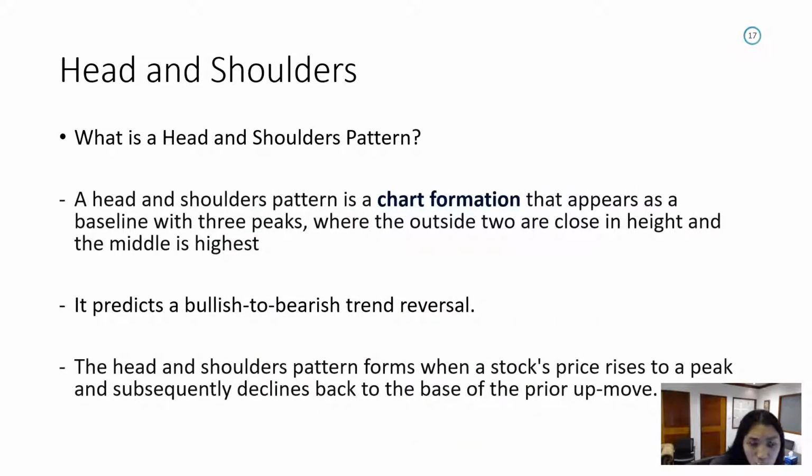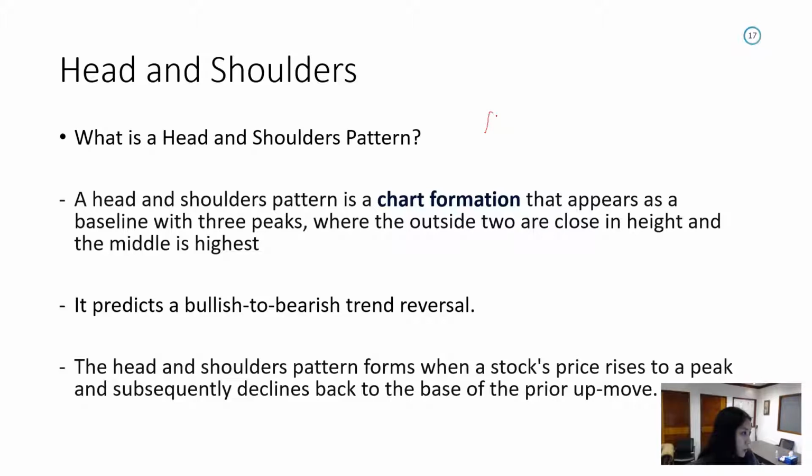Next, we will be looking at head and shoulders. So what is a head and shoulders pattern? A head and shoulders pattern is a chart formation that appears as a baseline with three peaks, where the outside two are close in height and the middle is the highest. So let me show you here.